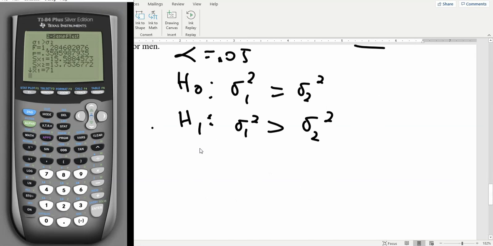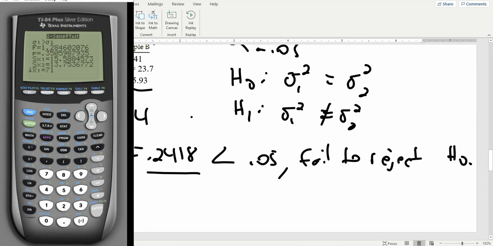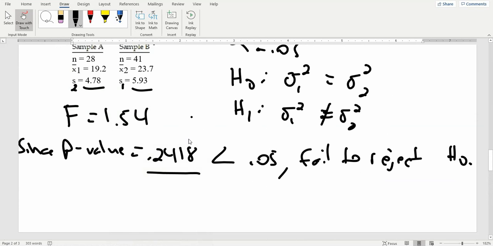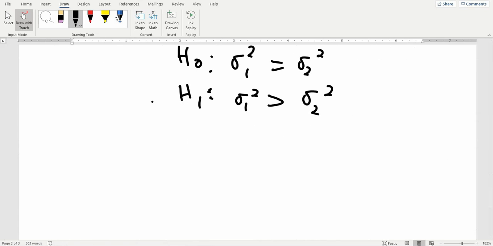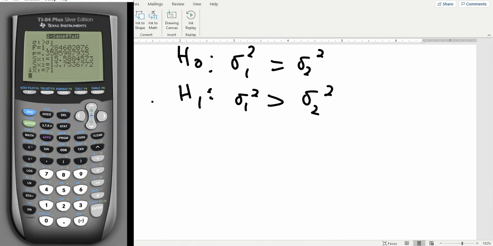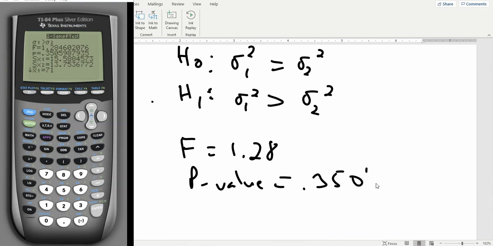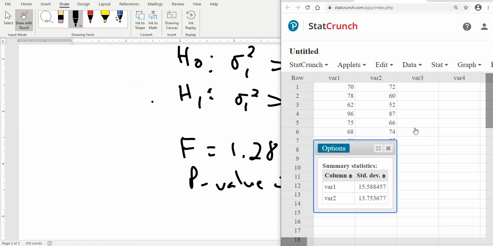Did I use T? No, I have F. Okay, good. I was right. My F statistic is 1.28. My p-value would be 0.3506, and with StatCrunch I can do that pretty quickly.